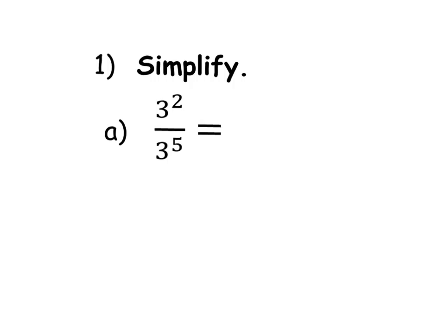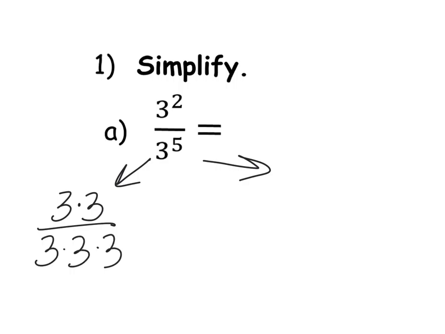All right, number 1. Simplify. I'm going to show you both methods. First method is where I expand it out: 3 times 3 over 3 times 3 times 3 times 3 times 3. Now let's cross out.